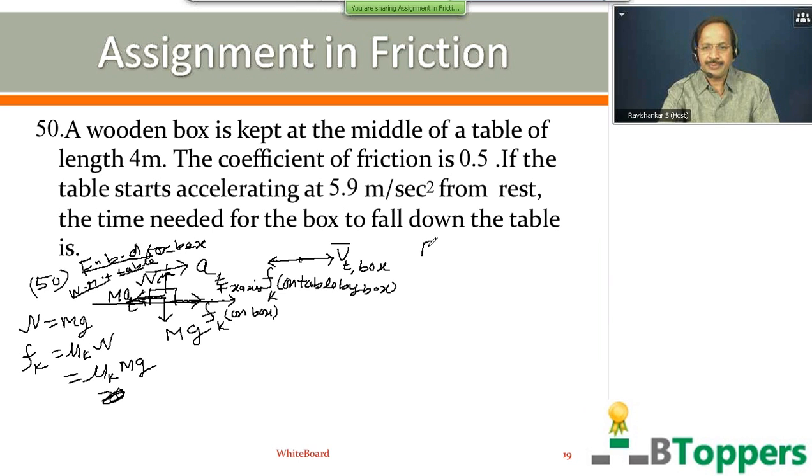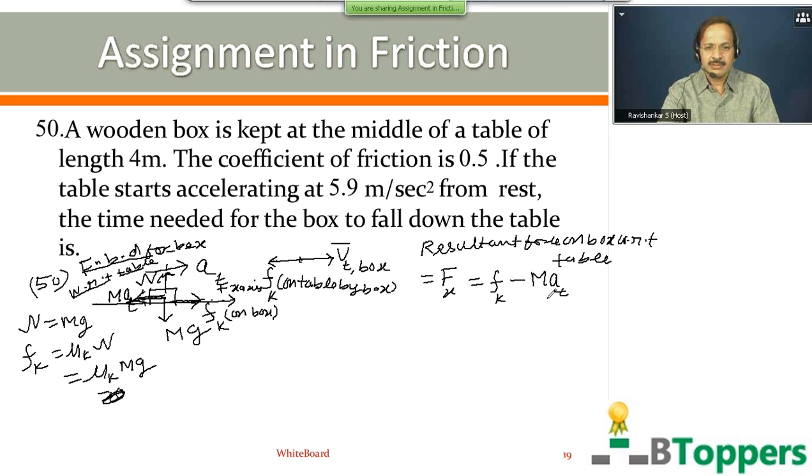So the resultant force on the box with respect to the table, with respect to the accelerated frame, is equal to the x component of resultant force, that you can write as F_k minus mass into acceleration of the table. From Newton's second law, this must be equal to the product of the mass of the box and the magnitude of the acceleration of the box with respect to the table.